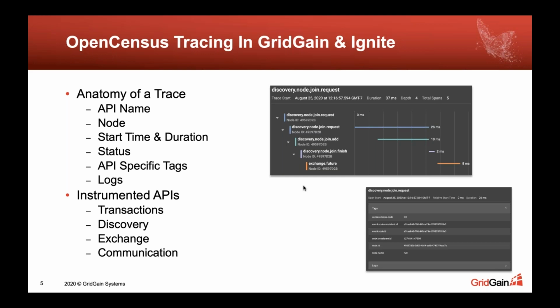But once you've enabled tracing on your cluster, and you turn it on for maybe discovery and exchange, that would allow you to start to understand traces and events around node join events or partition map exchange. But we'll save those types of analysis for a future session.